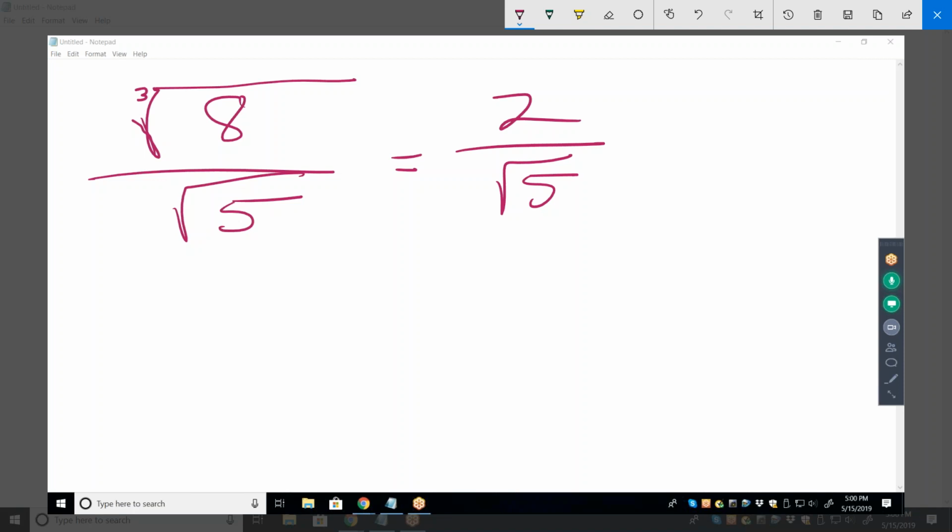Okay. Mathematicians do not like irrational denominators because when you're dividing, you're splitting something up into a certain number of pieces. And square root of 5 cannot be splitting anything up, because it's the square root of 5. I can approximate it with a decimal, but that's not as good.